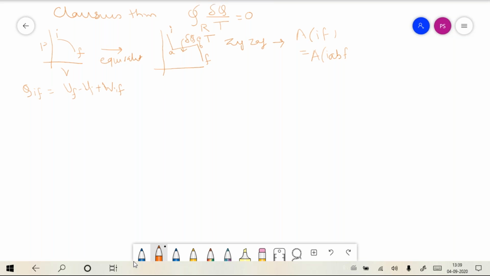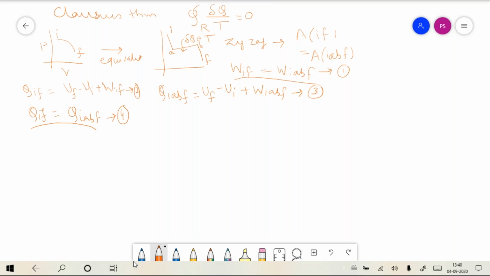Just comparing equations 1, 2 and 3, which is equation 4. Now if you look at equation 3, equation 4 and equation 1, you see that in the process I2F and in the zigzag, these two processes are equivalent.